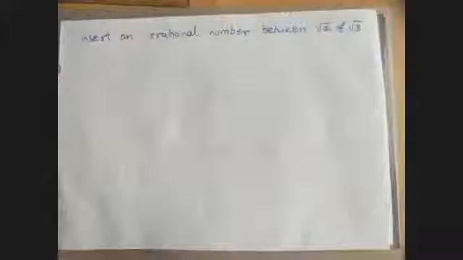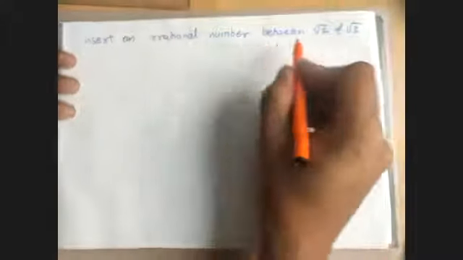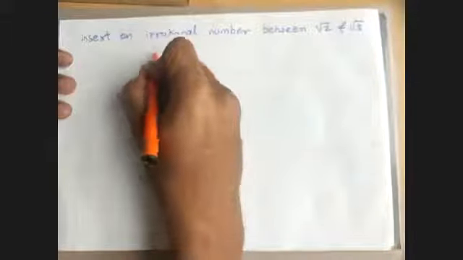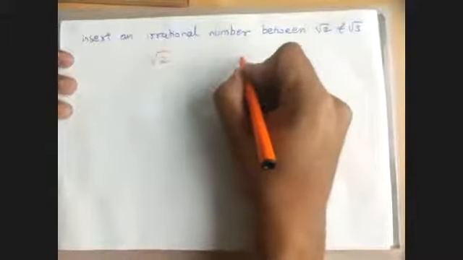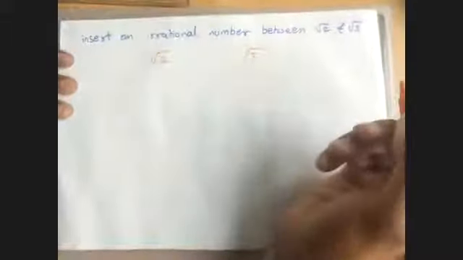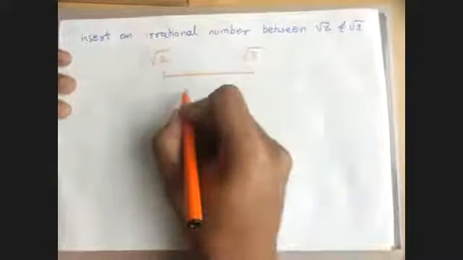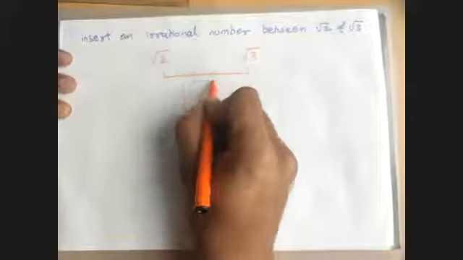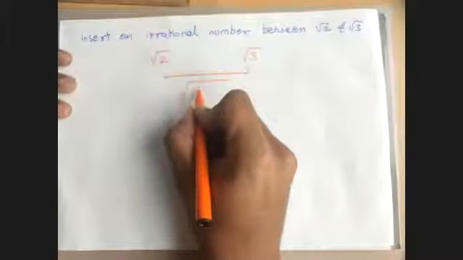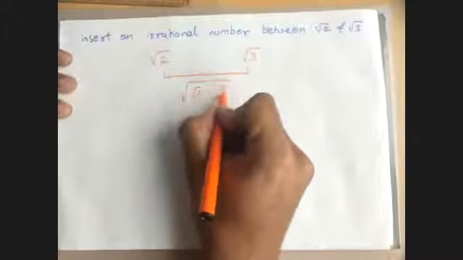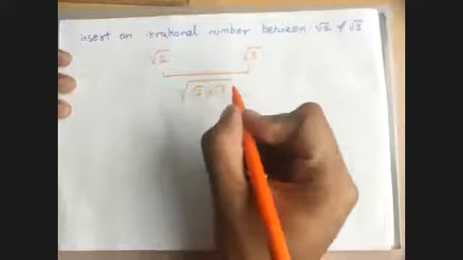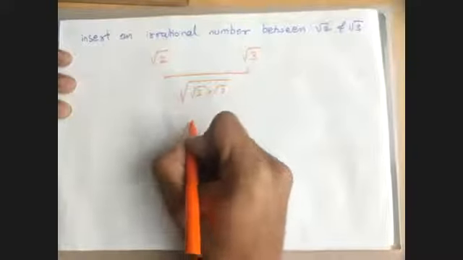Let us extend this to irrational numbers also. Insert an irrational number between root 2 and root 3. There are two irrational numbers given, root 2 and root 3. If we want to insert a number between these two, we have already seen that it is the square root of root 2 into root 3.